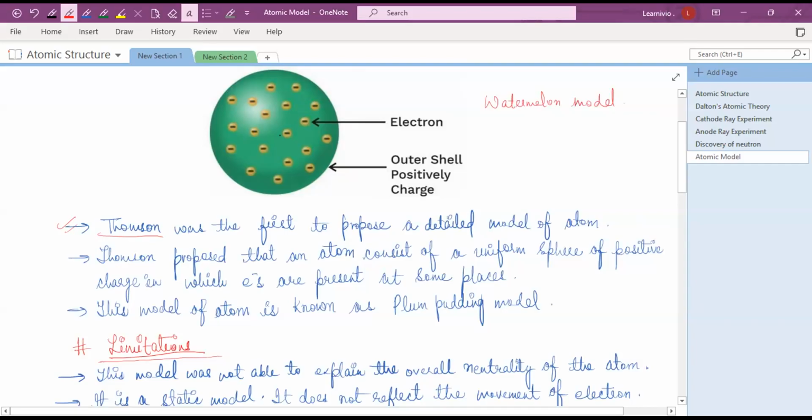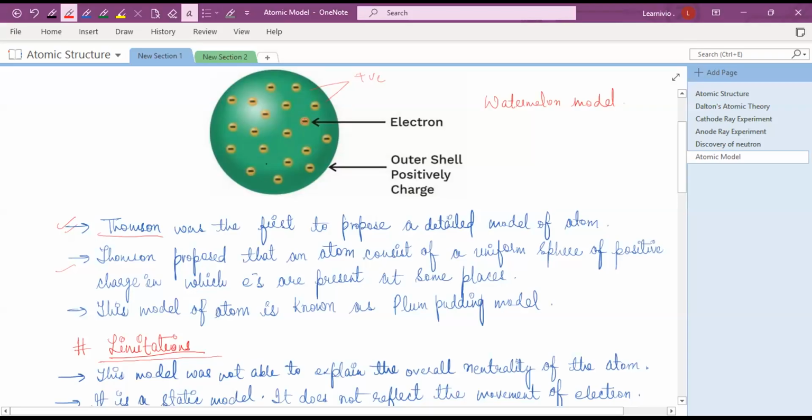Because the red part which we eat is the positively charged sphere, and the seeds of the watermelon embedded in it are considered electrons by Thomson, right?